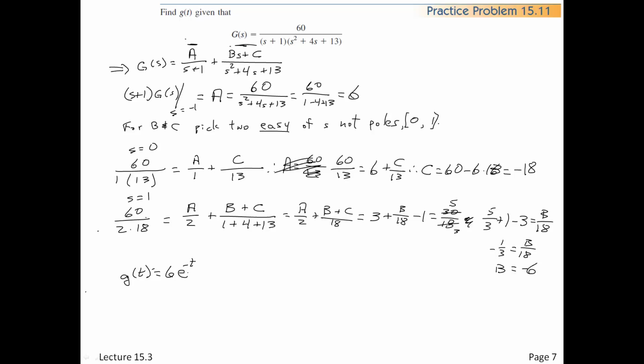Now we have our B's over, so that'll be minus 6. Let me look at this. We've got B will be minus 6 over, how can we factor this? Maybe s plus 2, the quantity squared.